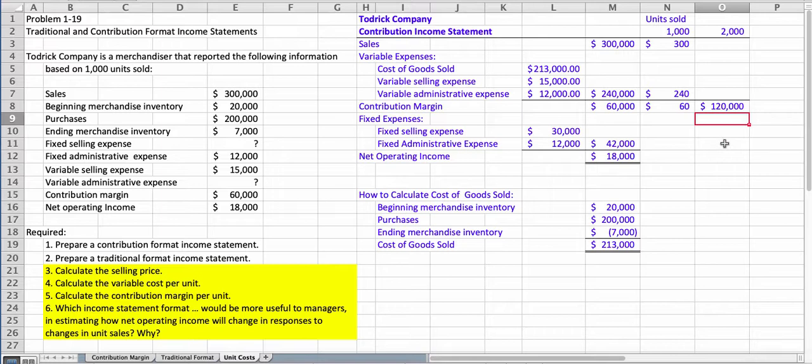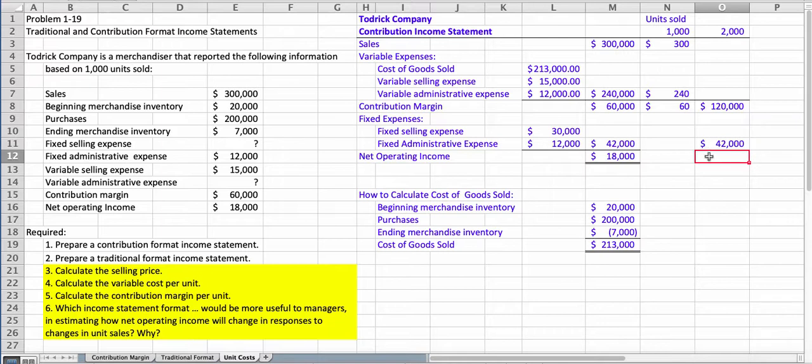And remember, our variable expenses will change when the number of units sold changes, but fixed doesn't change at all unless you're told that it changes. So the increase of 1,000 units to 2,000 increases the contribution margin from $60,000 to $120,000, and fixed doesn't change.